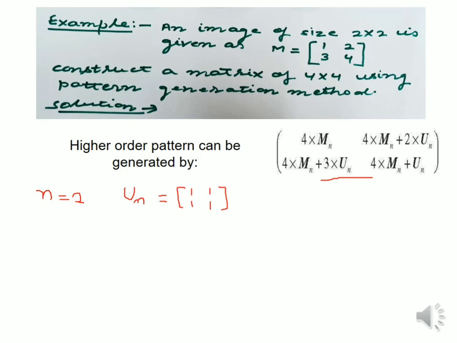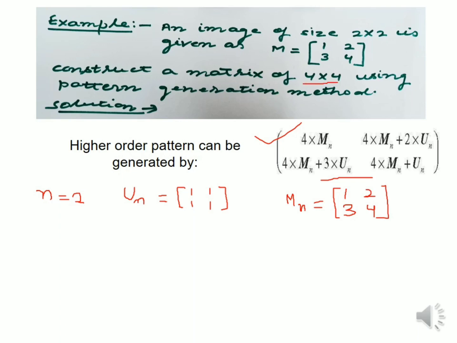While the mask is given as Mn, which is 1, 2, 3 and 4. Now we can substitute the values of Un and Mn into this equation to get the higher order matrix pattern, which is of 4 cross 4.